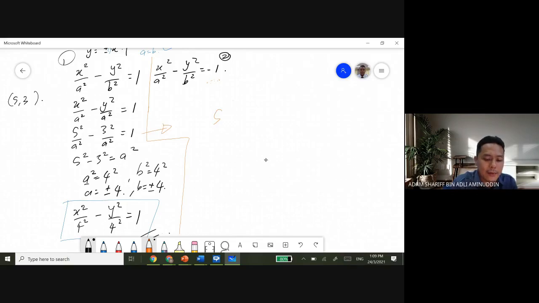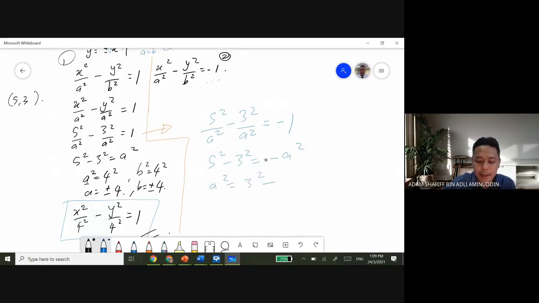Okay, why not 5 squared? Ni sama je. Beza dia dekat right hand side equals negative 1. Will there be an actual problem here? 5 squared minus 3 squared equals negative a squared. So a squared equals 3 squared minus 5 squared. So you will get something problematic here, right?